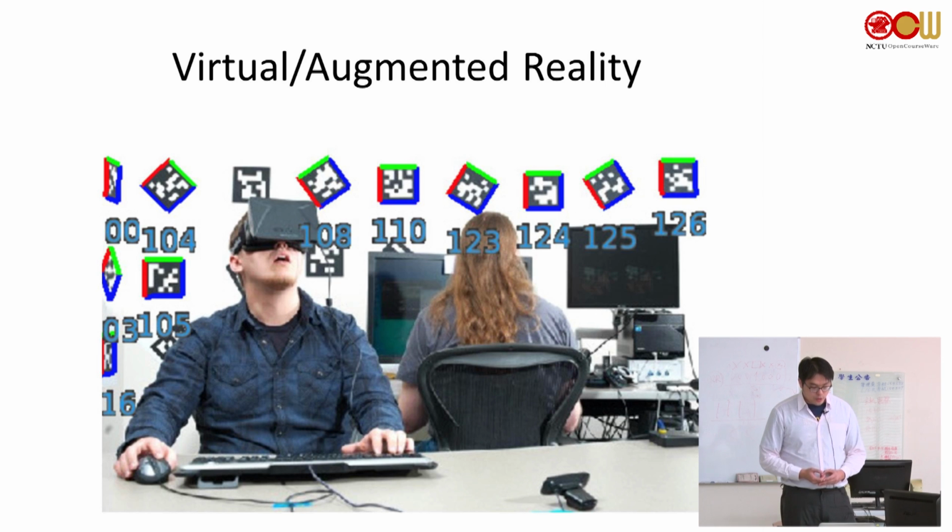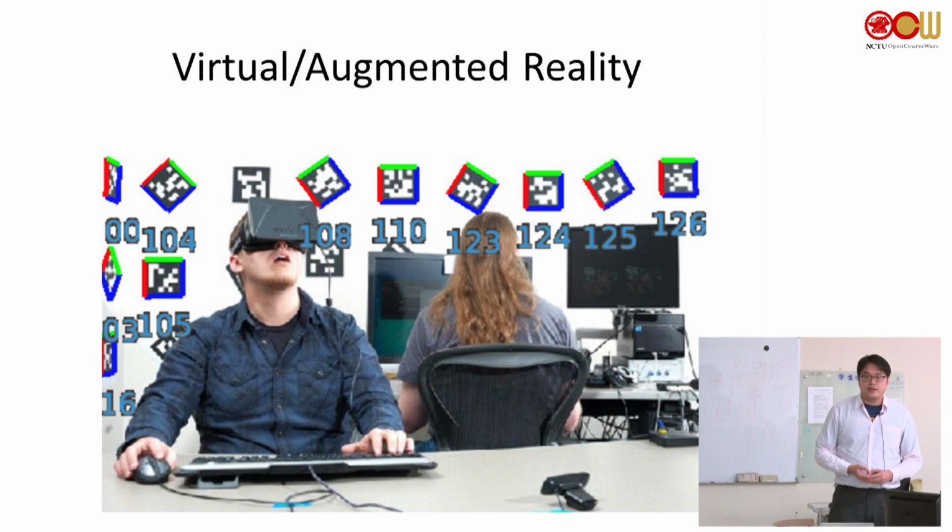Another great motivation for AprilTag is virtual reality or augmented reality, because AprilTags are very robust and very cheap. You just need to print them and place them around the room, so you don't need to buy a very expensive Vicon or other motion tracking.